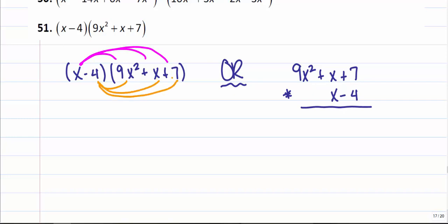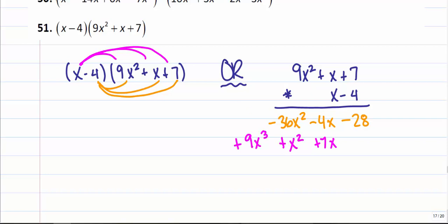Like this. If I do my minus 4 first, I'd have minus 28, minus 4x, minus 36x squared. Sorry about that. And then if I do the x on this one, I get plus 7x plus x squared plus 9x cubed.